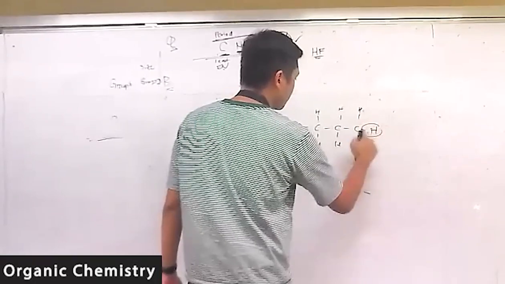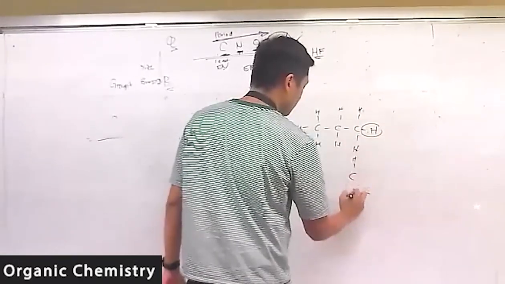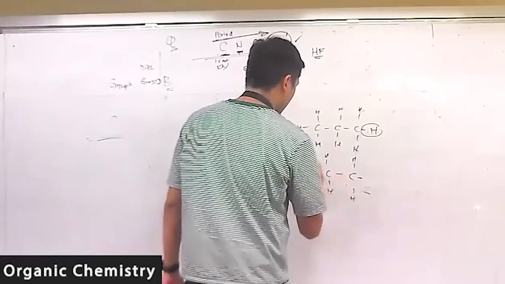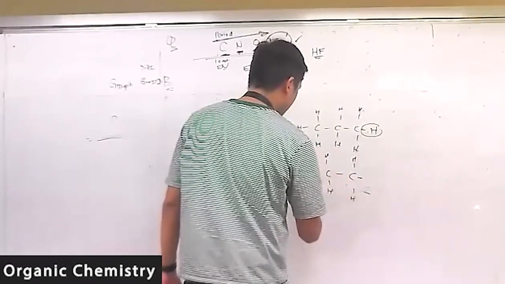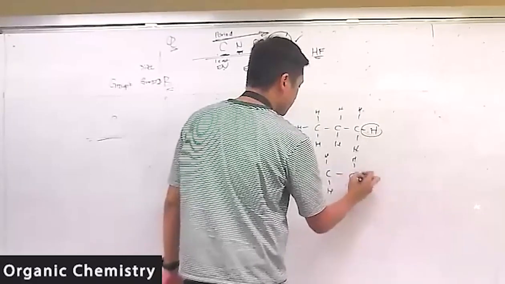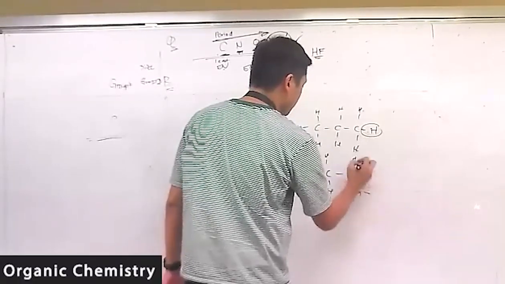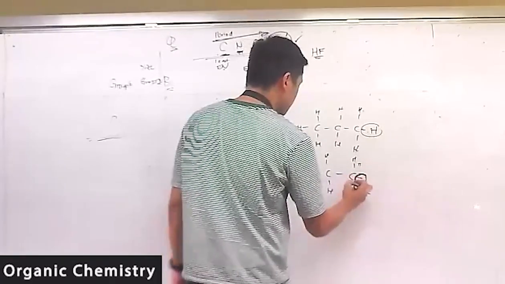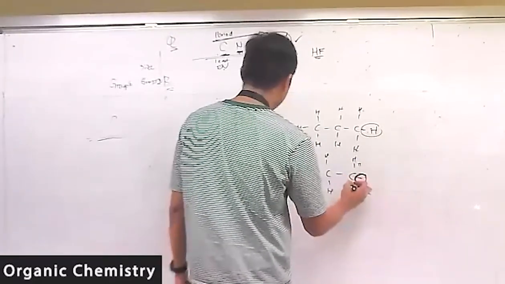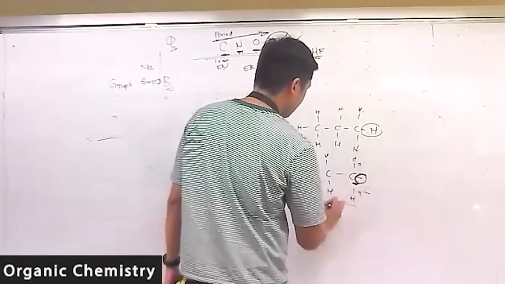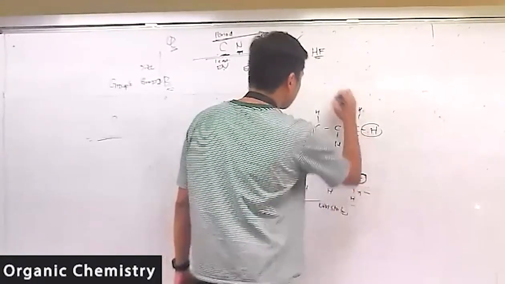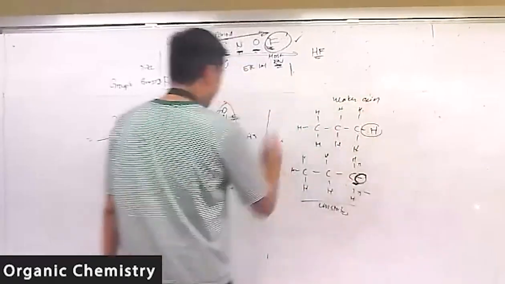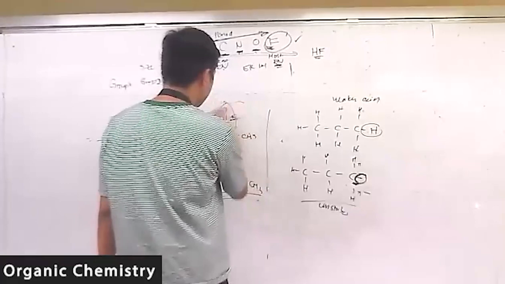If we remove that hydrogen and we have the negative charge here, there is no pi bond that this negative charge could resonate with. Hence, we can say that the negative charge is localized to C, and this would be unstable, making this the weaker acid. And here we have resonance. This is more stable, and this is a stronger acid.